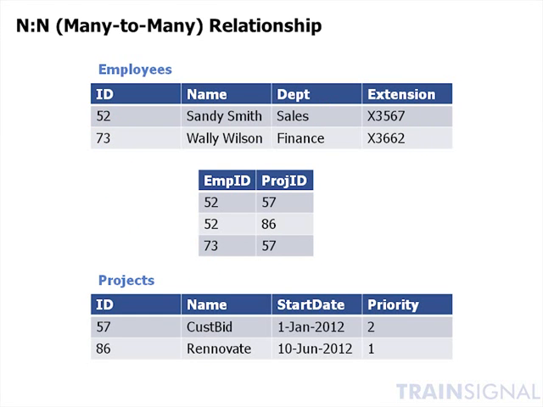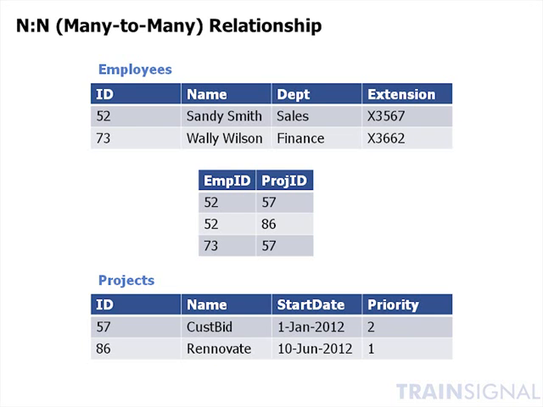A many-to-many relationship might look something like this. We have an employees table at the top of the screen and a projects table at the bottom of the screen. Any given employee can be involved in multiple projects. Any given project can have multiple employees involved. So that's a many-to-many relationship.